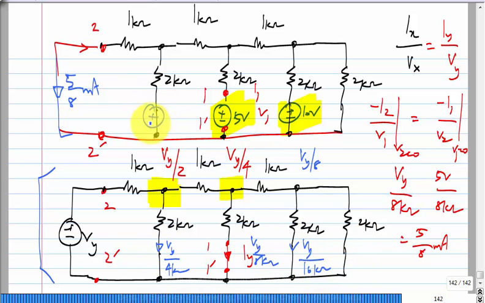So, now if I add Va, Vb, Vc here, what will be the current? Va by 4 kilo ohms plus Vb by 8 kilo ohms plus Vc by 16 kilo ohms and so on.